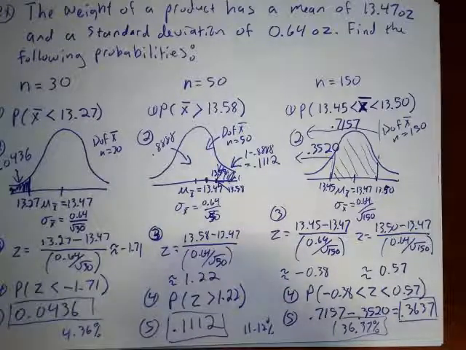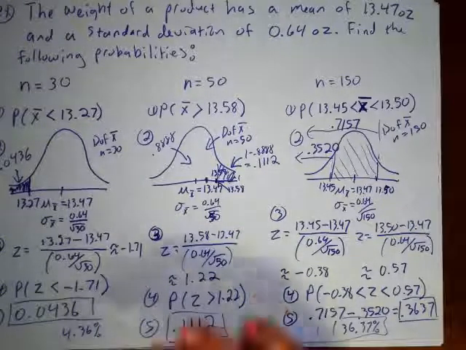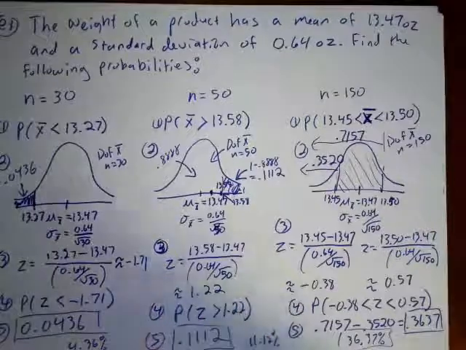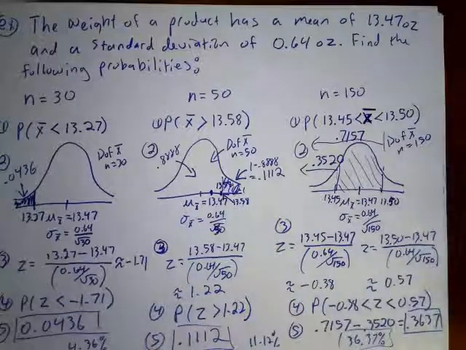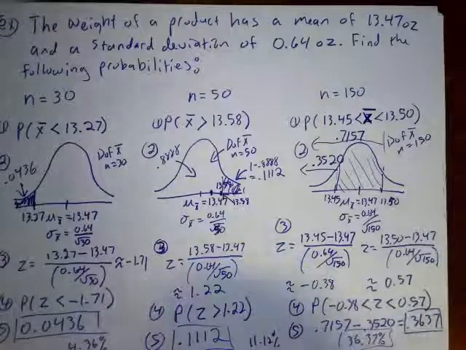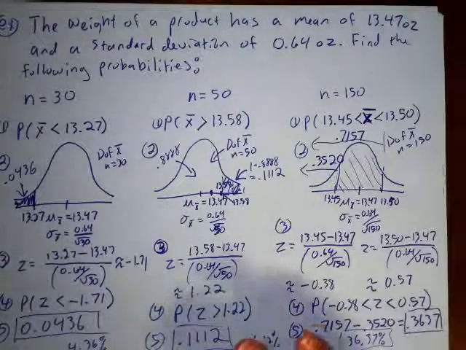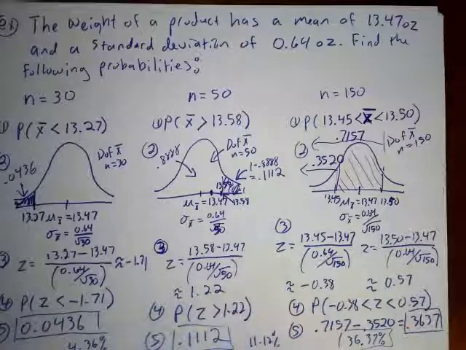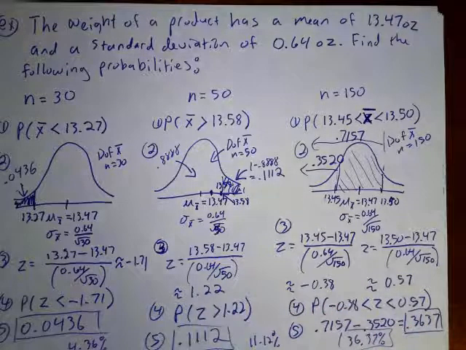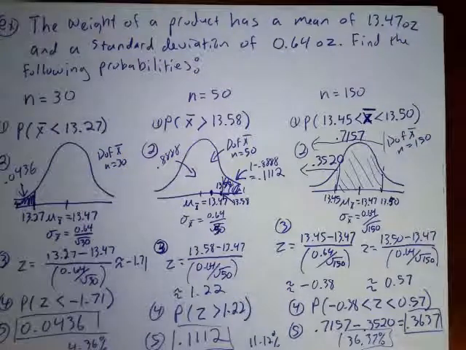All kinds of important things come out of this. This is kind of the bridge between all this probability stuff and then the inferential statistics that we're going to be doing. So this is really important stuff, but as far as actually doing the problems, it's not very different than what we did in the previous set of problems.